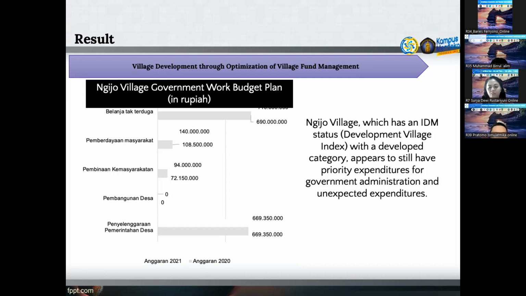Here, in the case of Ngijo village, in 2020 they were still not really focused on community welfare. They still focused on unplanned spending. Well, this is also acceptable, since we were in the pandemic situation and the national government instructed them to overcome this situation.